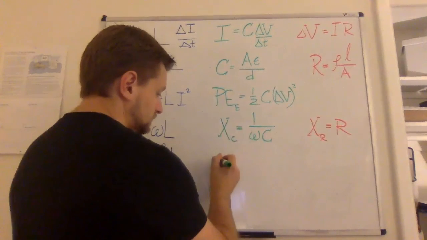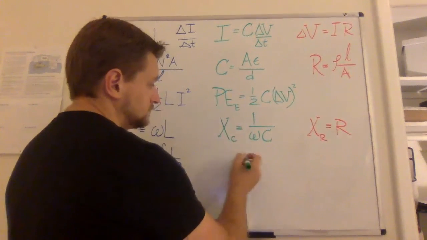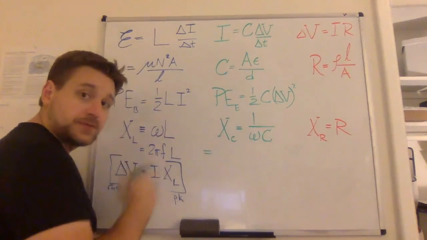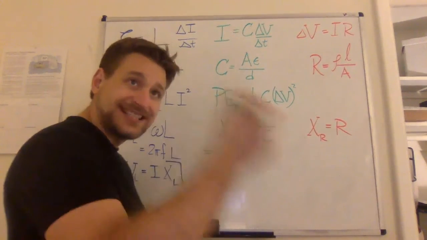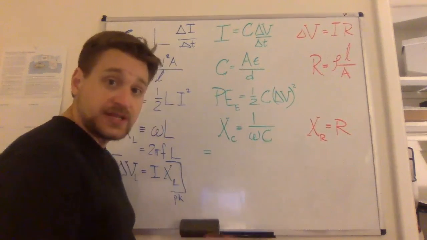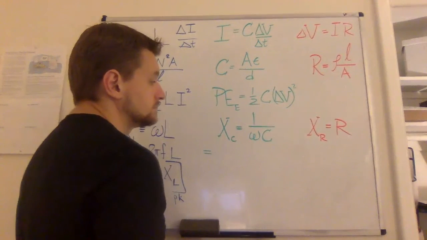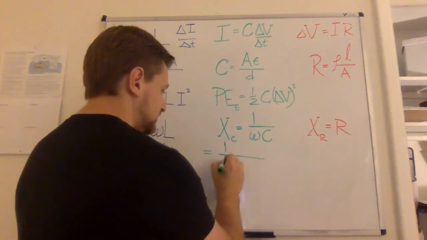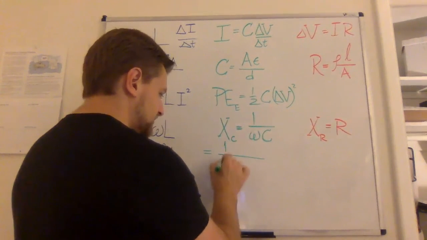Omega. Omega is 2 pi f. F has the unit of things per second, cycles per second. So this is 1 divided by 1 over seconds.